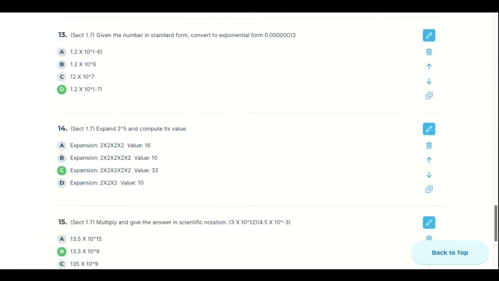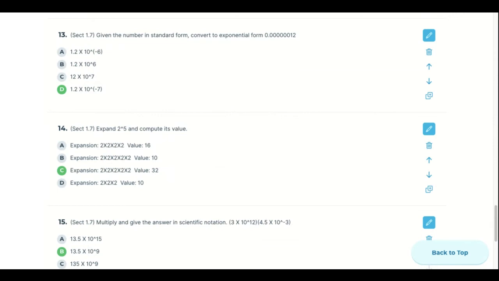Given the number in standard form, convert to exponential form. So I started you off with this big long decimal, and you needed to move the decimal a certain number of times until you got it right in between the 1 and the 2.